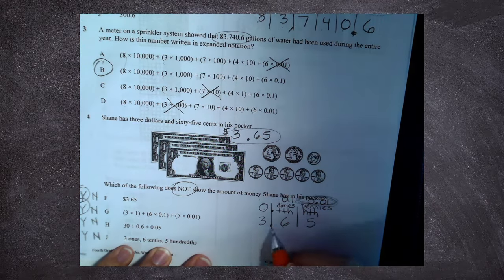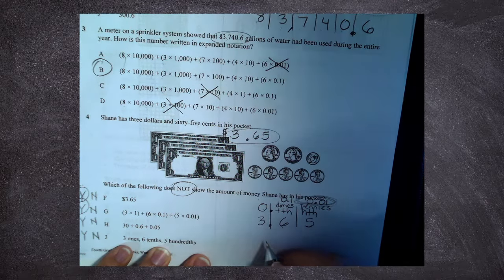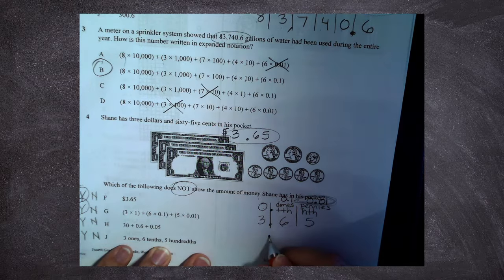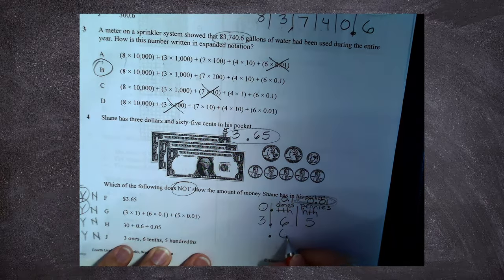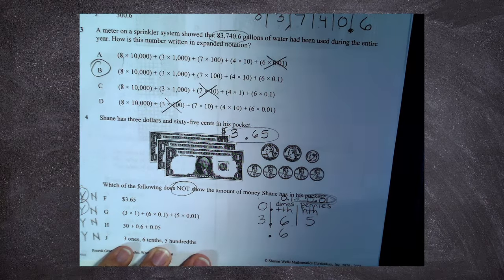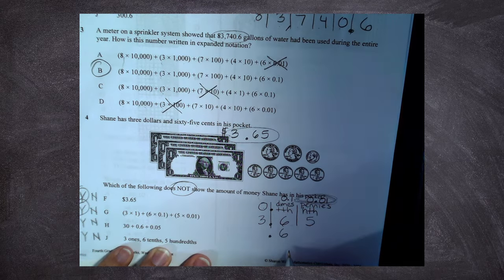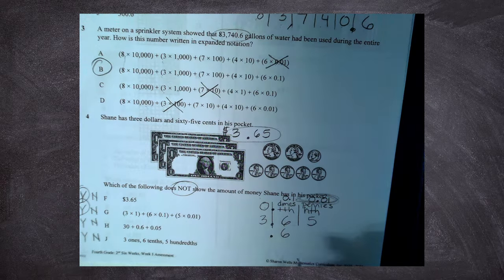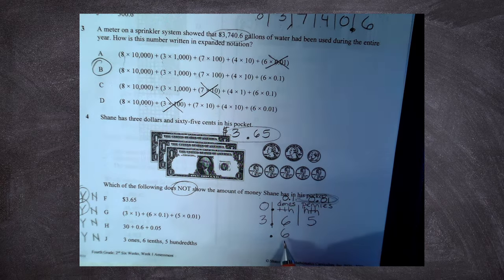If I just want the 6 by itself, the decimal stays in the same place, and the 6 would go here. Right, JD? I didn't move my 6, did I? It stayed in the same place?